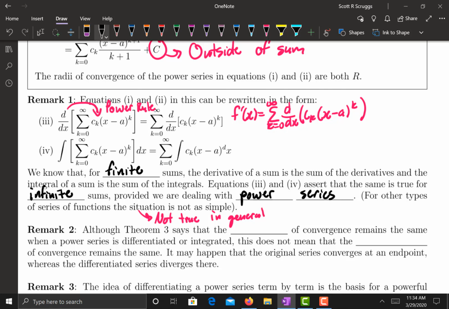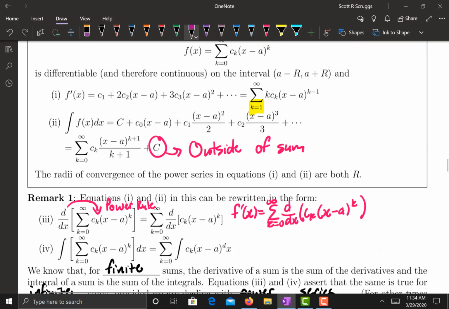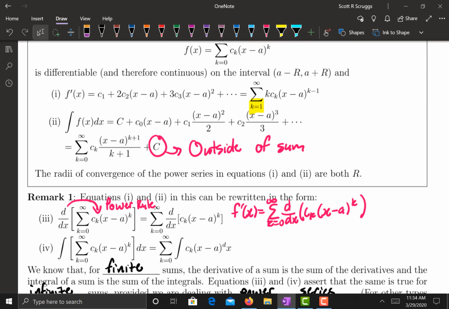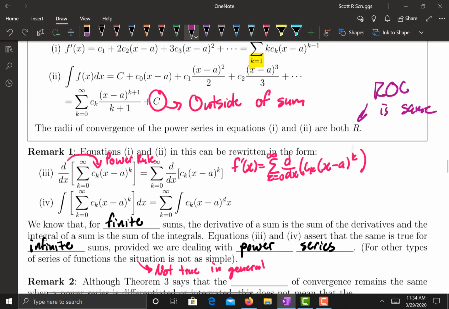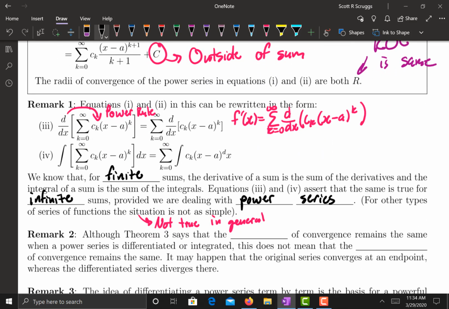Now, the second remark that I want to make is that when you take the derivative and the integral of power series and differentiate and integrate term by term, they have a nice property that says the radius of convergence is the same.